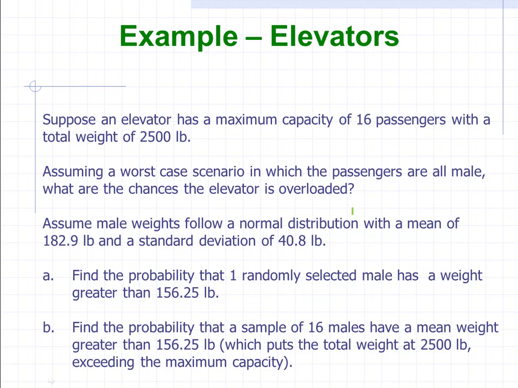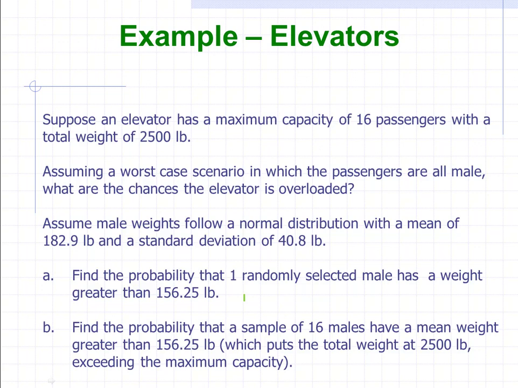So we need to come up with a distribution, and we're going to assume that male weights follow a normal distribution with a mean of 182.9 and a standard deviation of 40.8.